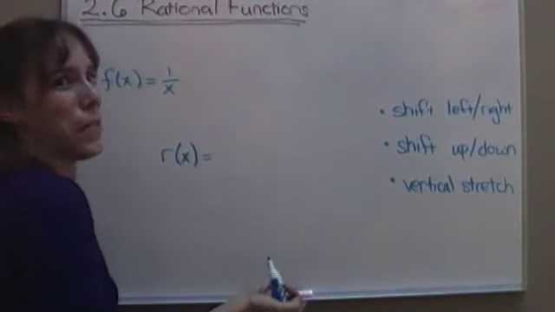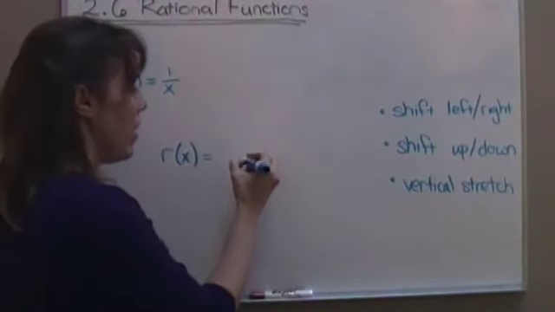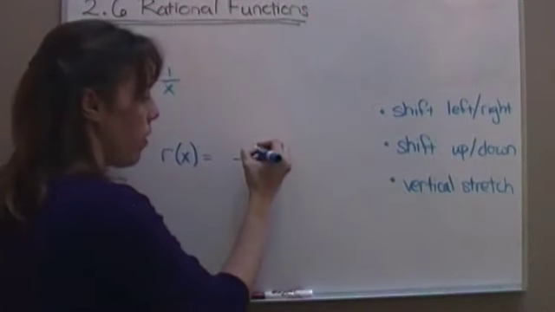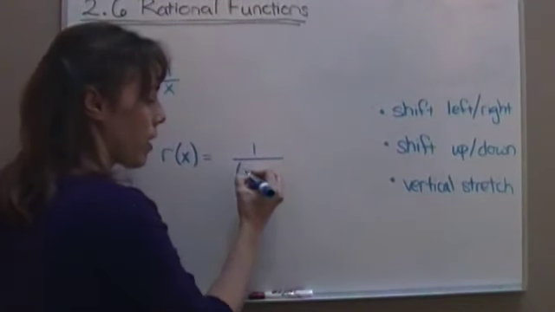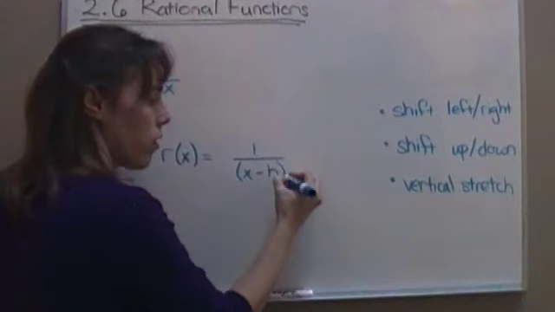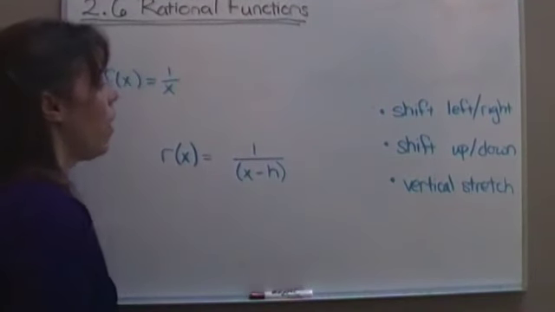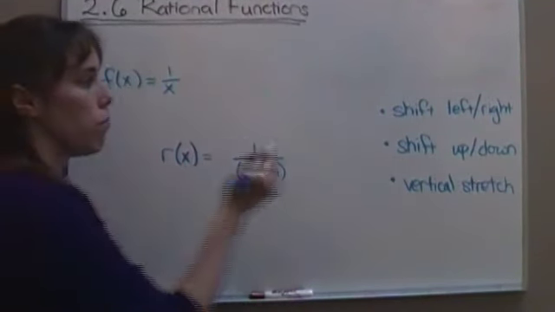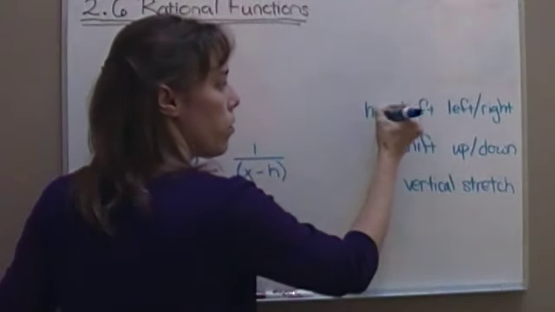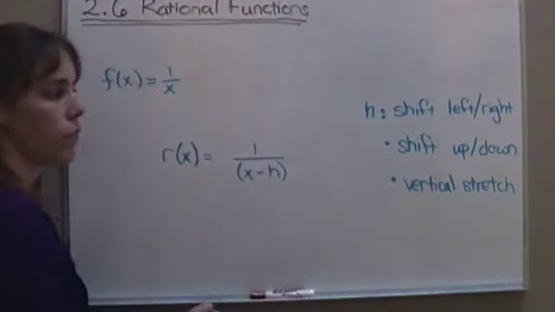It could be x minus 2, x minus 5, and if we're just working with variables, we normally say x minus h. Okay. Alright, so h values would shift left and right.